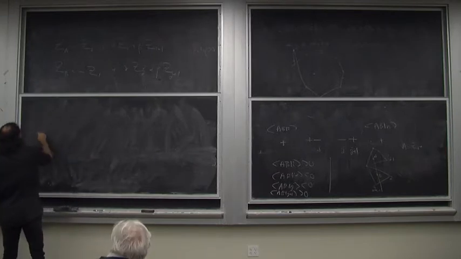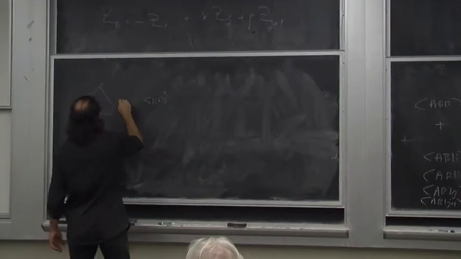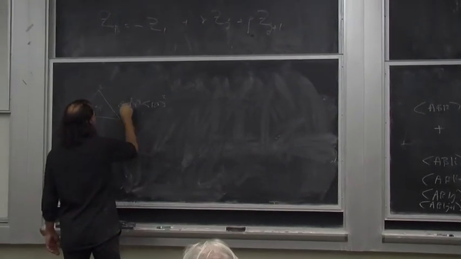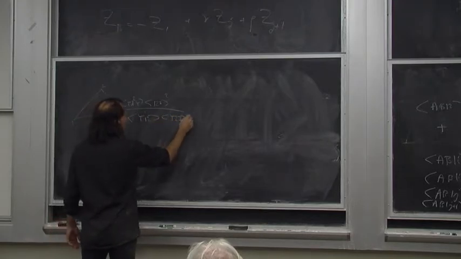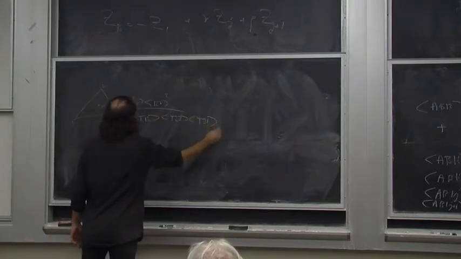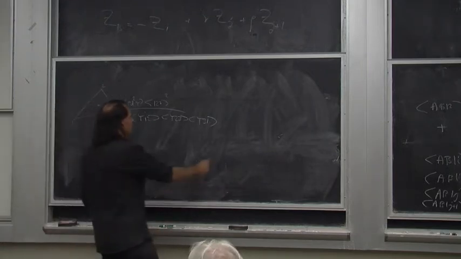We saw that the canonical form for a triangle was <1 2 3> squared, with the measure d squared y, over <y 1 2><y 2 3><y 3 1>. OK, so that's one formula.